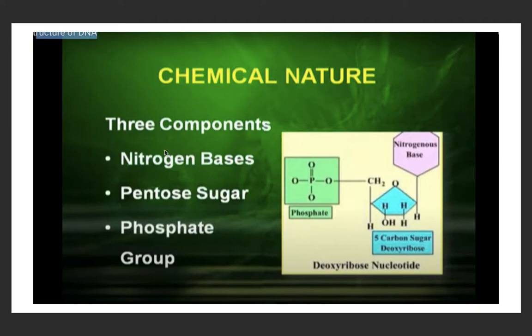Here you can see that there are three important components of the deoxyribose nucleotide: nitrogenous bases, pentose sugar, and the third one is the phosphate group. These three components are responsible for the chemical nature of the DNA structure.